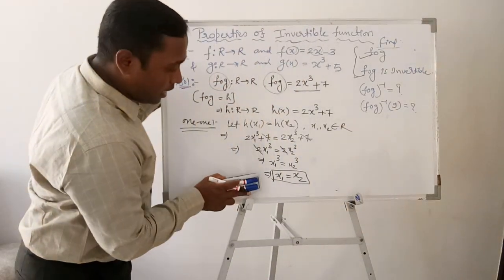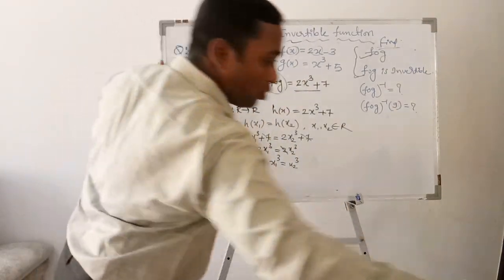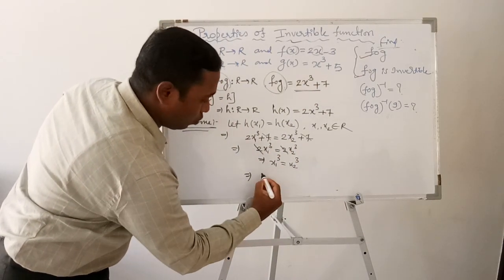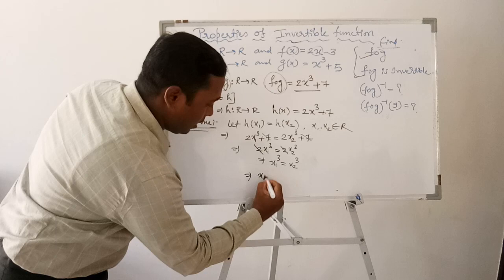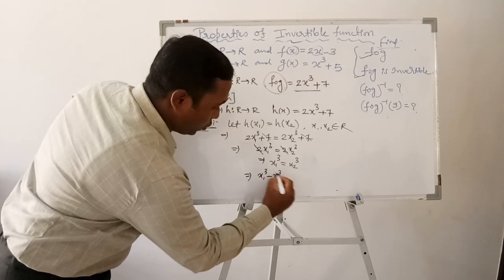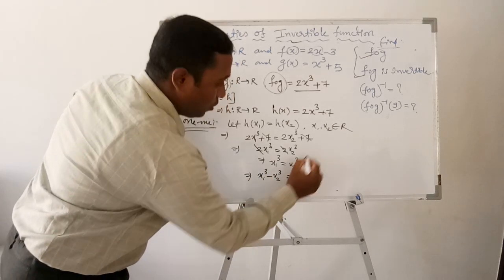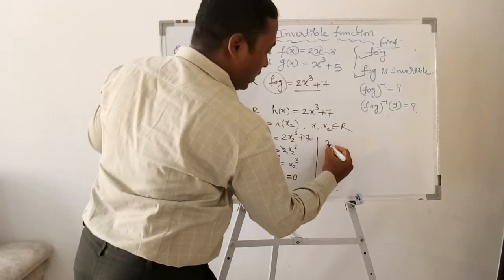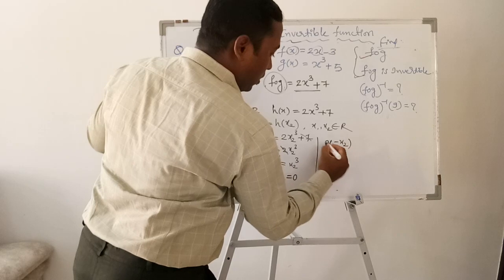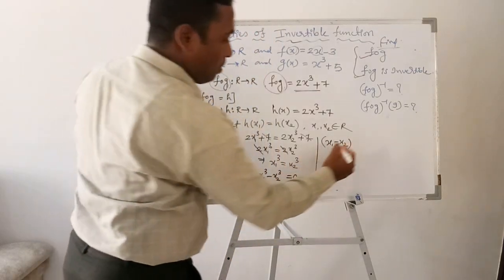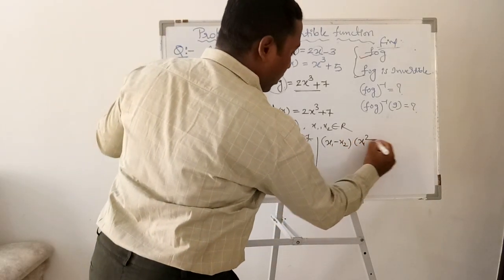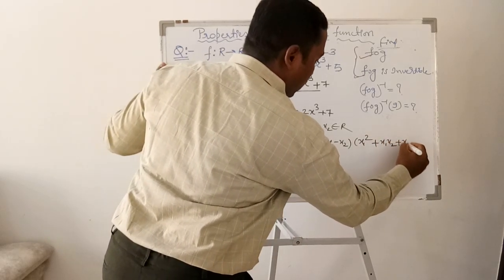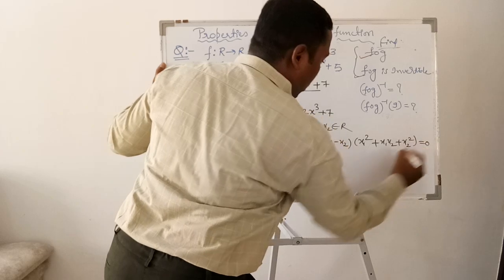If you are not understanding this last statement, I can also explain in another way. By shifting this term to the left hand side, x1 cube minus x2 cube is equal to 0. It means a cube minus b cube is 0. Using the factorization formula, a minus b into a square plus ab plus b square equals 0.